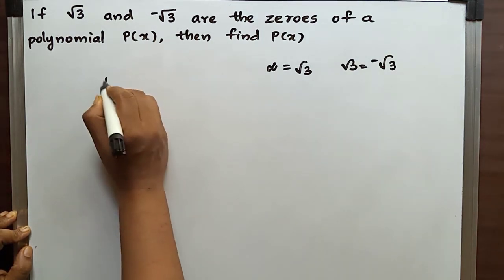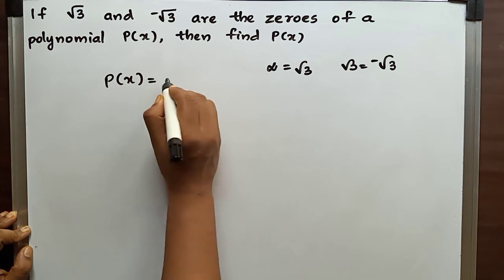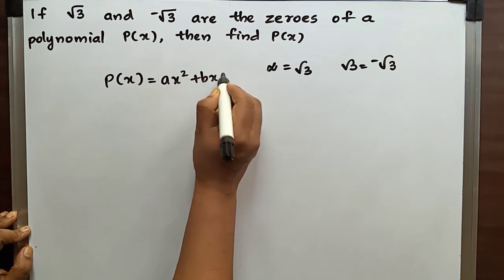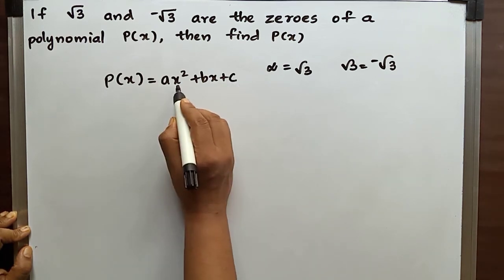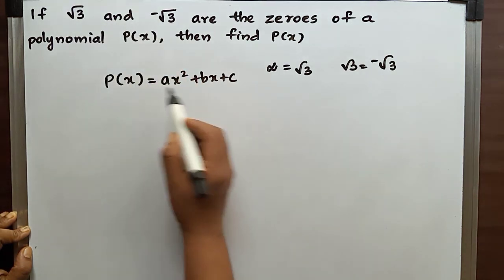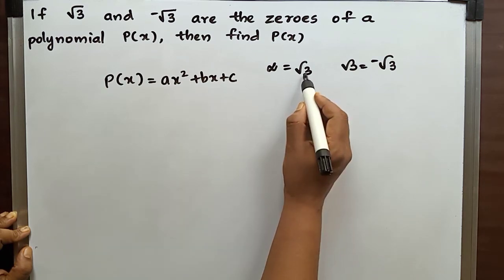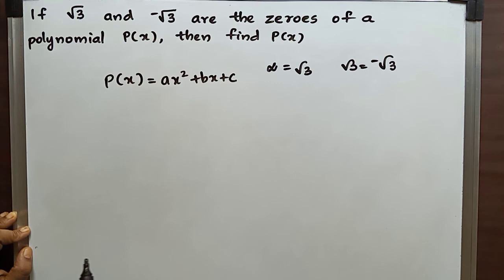Okay, so we have a quadratic polynomial ax square plus bx plus c. Why have I taken it as a quadratic polynomial? Here I have two zeros of the polynomial. That is why I took the polynomial as a quadratic polynomial. And alpha is taken as root 3 and beta is taken as minus root 3.